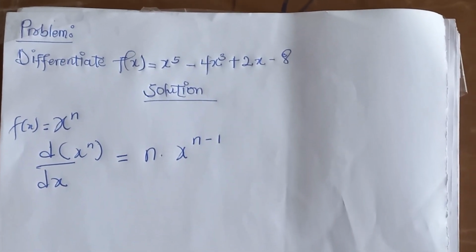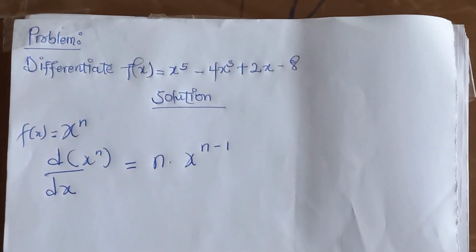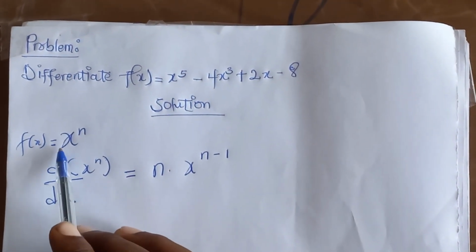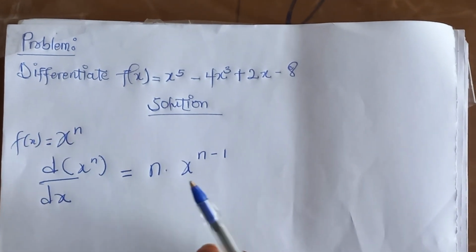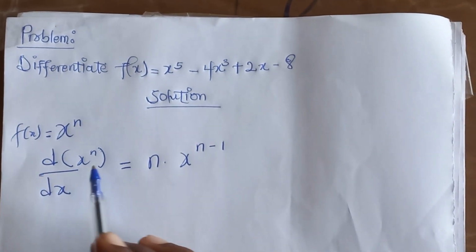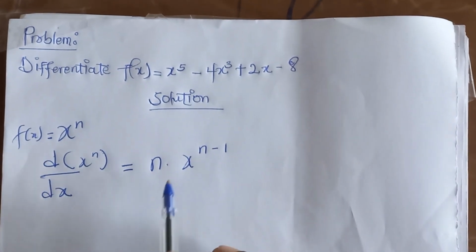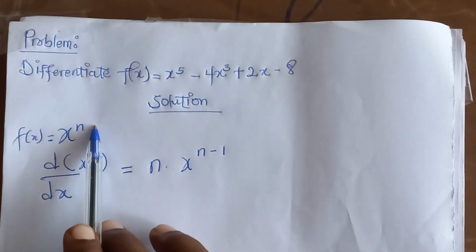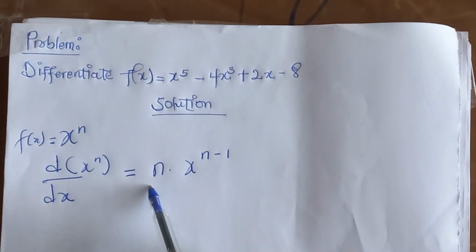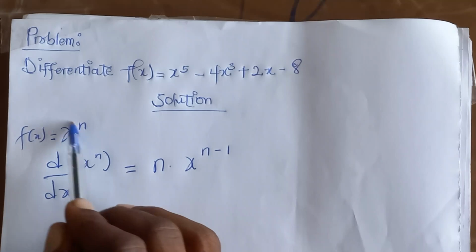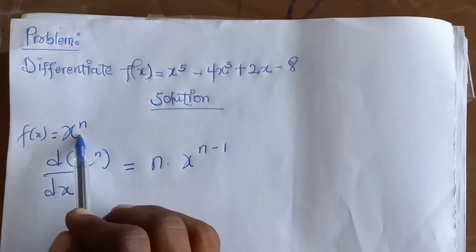Assuming we are having a function, say f of x is equal to x power n. When we use the power rule to differentiate this, we are going to get this. When you differentiate x power n, using the power rule, the power is going to multiply the whole term here.